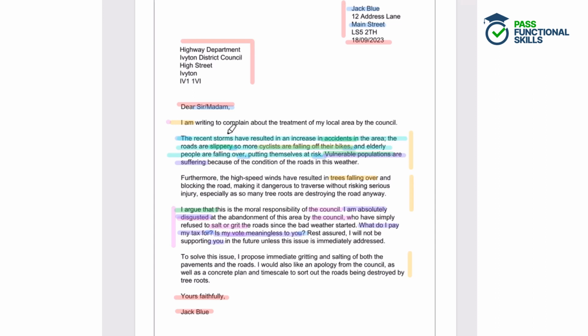So we've mentioned the storms, and then we've explained that these storms have increased accidents in the area. We've then got a semicolon to kind of join two separate but linked sentences together. And it says the roads are slippery, and then we've got the effect of this, so more cyclists are falling off their bikes. So we have that connective word so to provide an explanation there. Then we've got and to add another idea to the sentence. So, and elderly people are falling over.